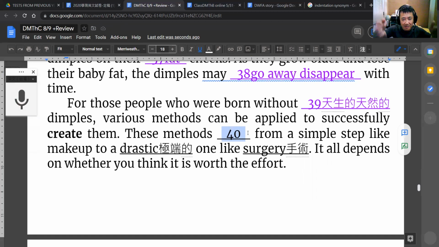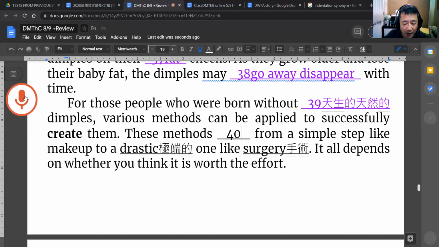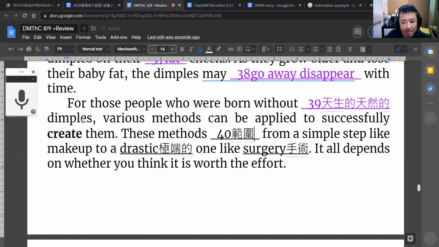What is that? When you have 0 to 100. Yeah. Simple to 极端. What do you call that? Yes. So here I need some kind of 范围, like a 范围. Okay. So which word means that? 范围. Okay.